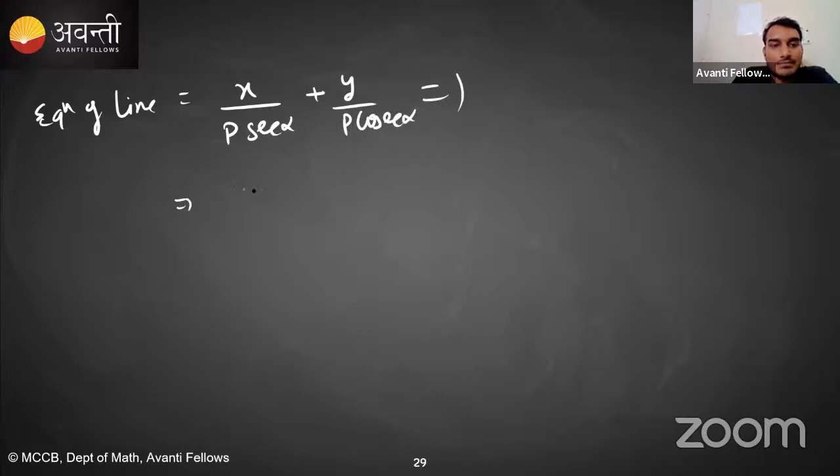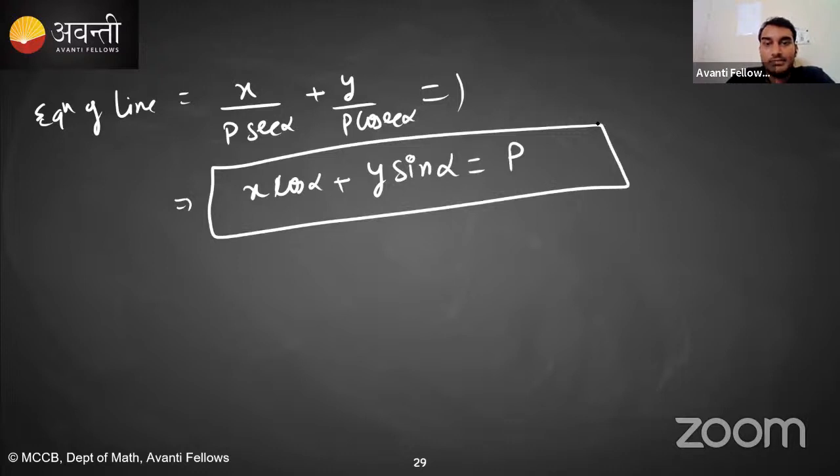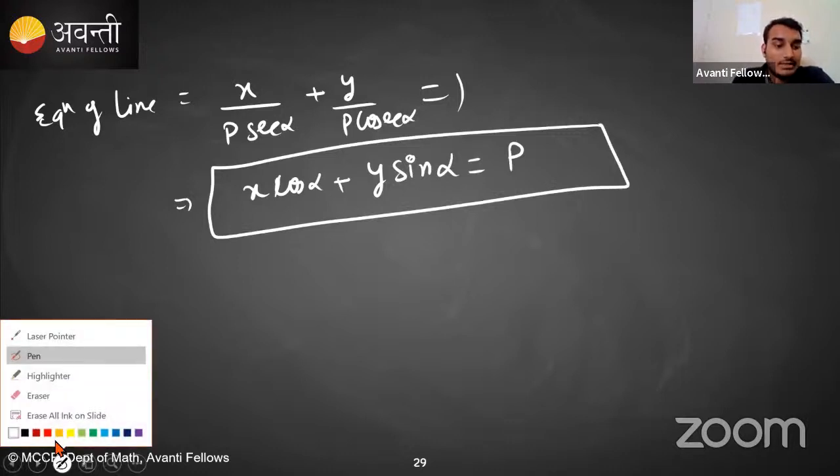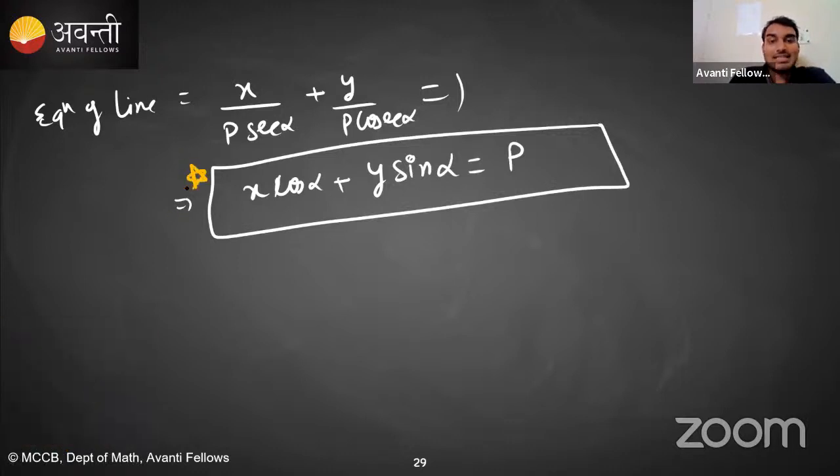So it implies x cos alpha plus y sin alpha is equal to P. This is the equation of a line which has perpendicular distance P from origin and is making angle alpha with the positive x-axis. Okay, is this clear?